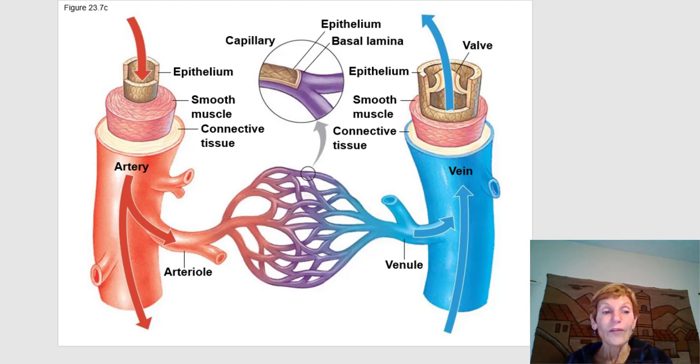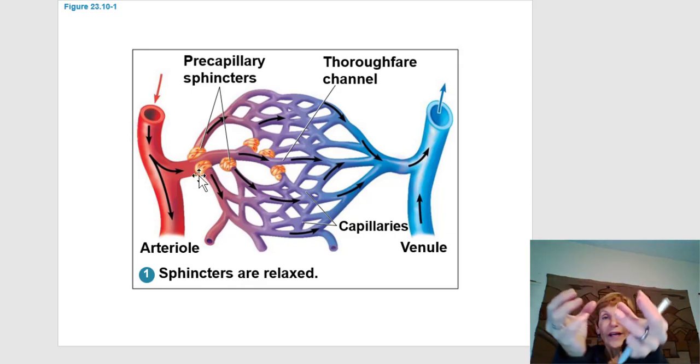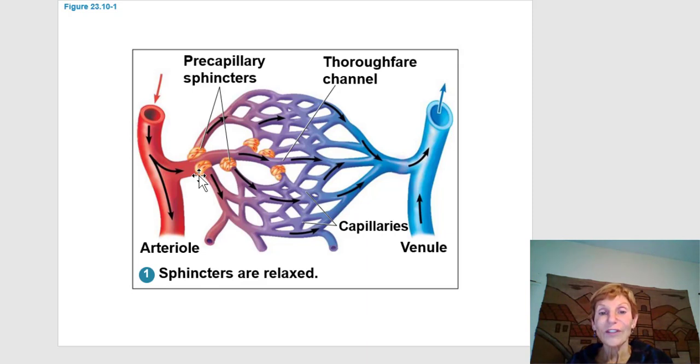And so the other way that you can regulate blood flow to a certain tissue is with this little smooth muscle, layers of rings of smooth muscle that line the entrance to a capillary bed, and they're called precapillary sphincters.